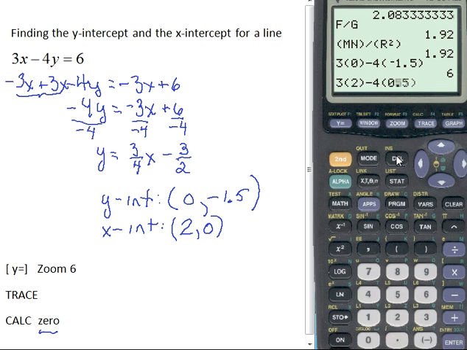Hit delete to get rid of the other, and then hit enter again, and that should also be 6. And they both check, so that means we did indeed get the right version of the function when we did our solving. Okay, that's all there is. You have the trace key and the 0 under the calc function to get your 2 intercepts.